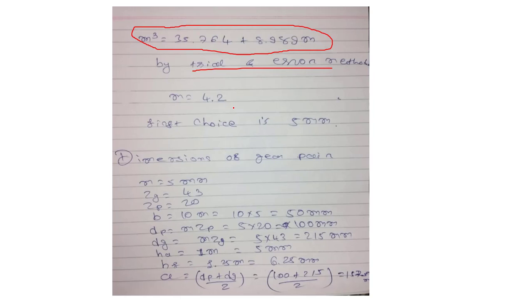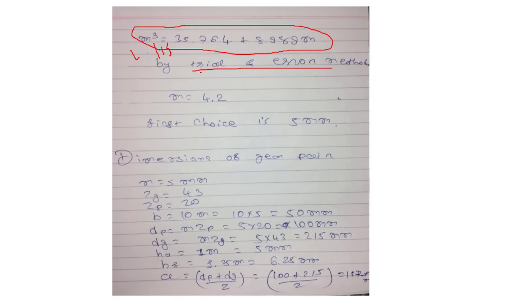Now what is trial and error method? In trial and error method we are just putting the value of m and finding whether the LHS and RHS will be same or not. We are continuously adding more and more number in m till LHS is equal to RHS.